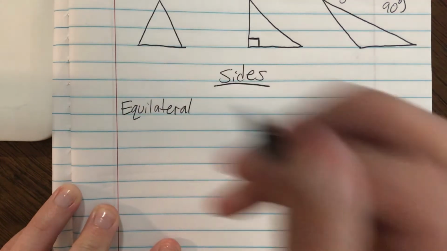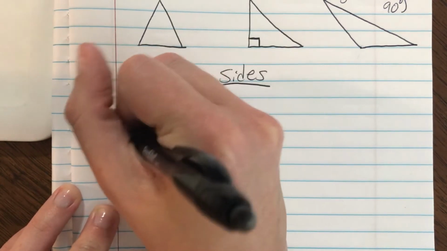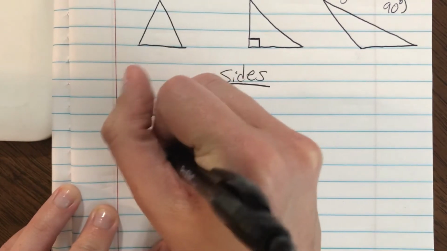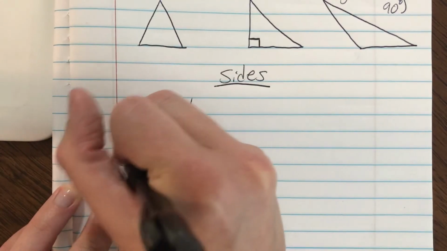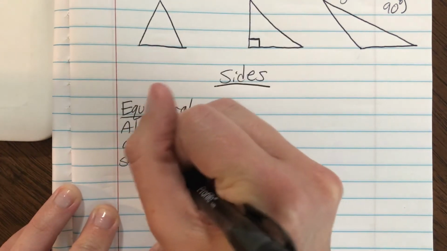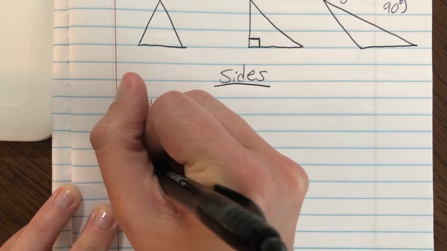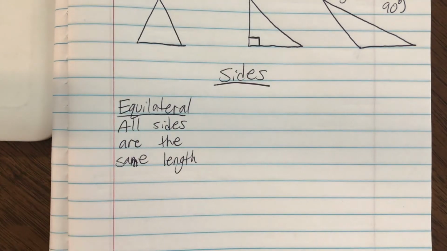With an equilateral triangle, all sides are the same length. One word that we hear in this name of equilateral is equal.